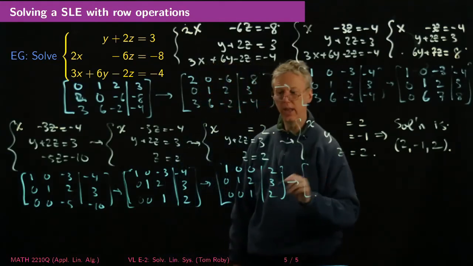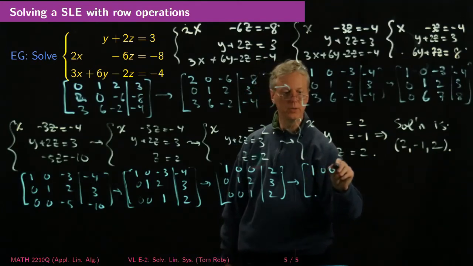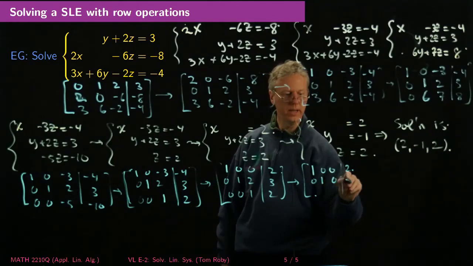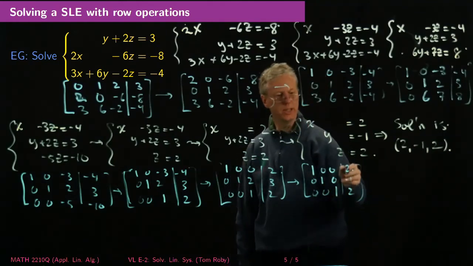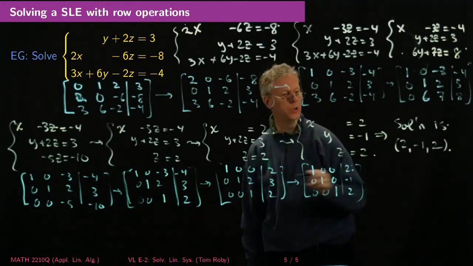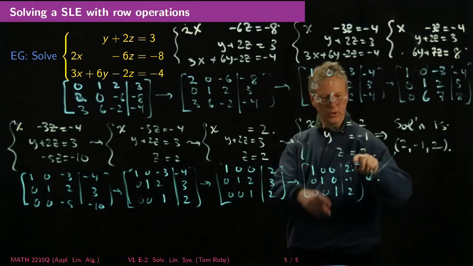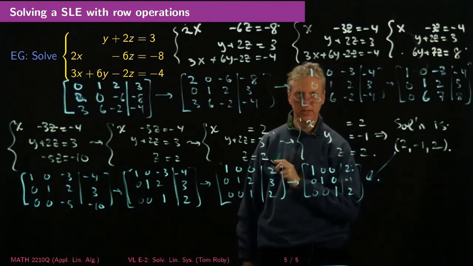And then finally, the last one, I'm using this guy to zero out, so I get 1, 0, 0, 2, 0, 1, 0, negative 1, and 0, 0, 1, 2. Right? And so you can see the solution, 2, negative 1, 2, is just the column vector here. This column vector actually represents the solution.